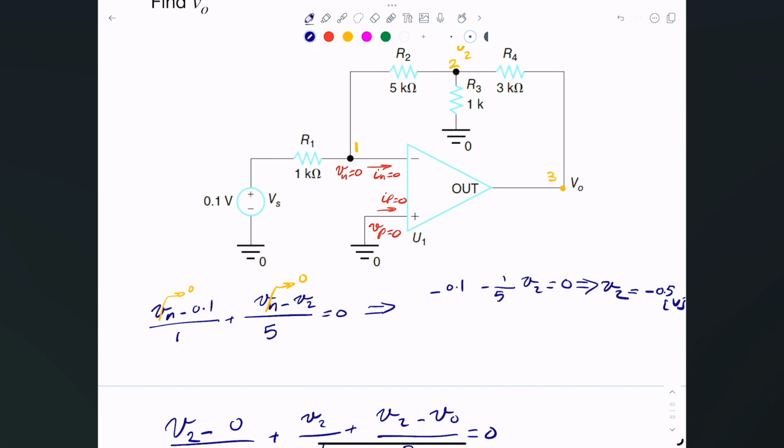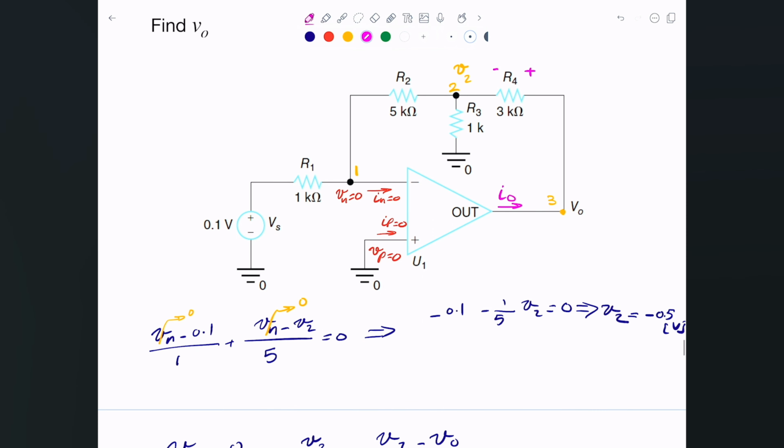Now, if I asked you to compute what the value of I0 should be, let me just do that here. You can simply tell me it is the current going through this particular resistor. So let's figure out the voltage across here. That's simply V0 minus V2, and that means I0 is simply V0 minus V2 divided by 3 kilo ohms.